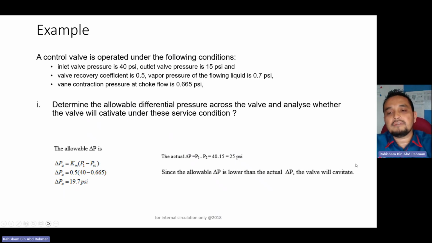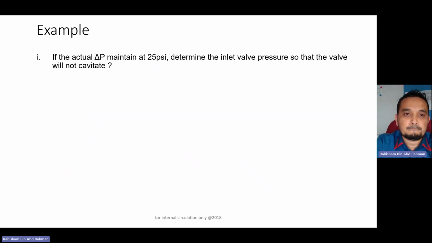So the valve will cavitate. How are we going to avoid the valve from cavitating? First we need to reduce the actual differential pressure to lower than the allowable. In this case, the cavitation will not occur.